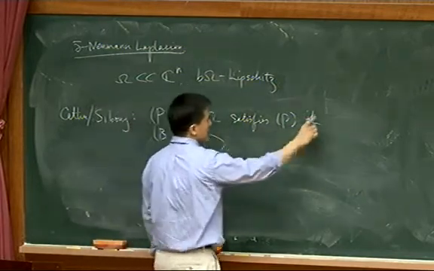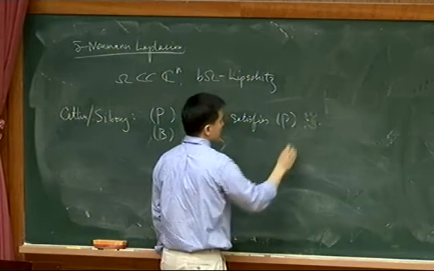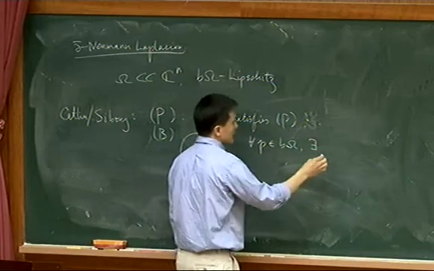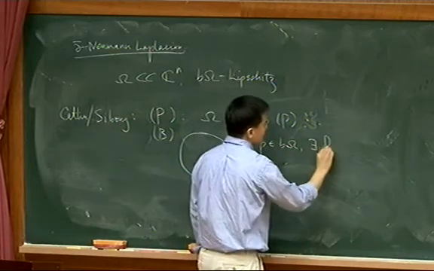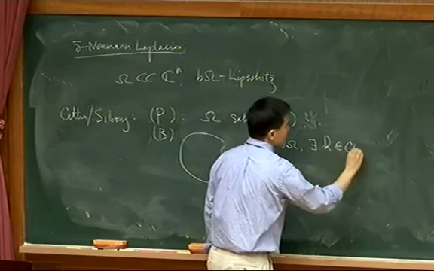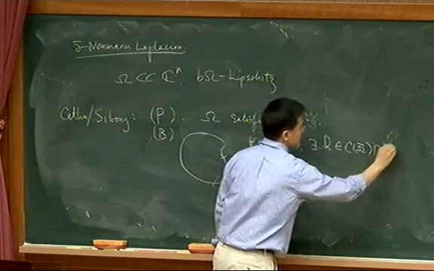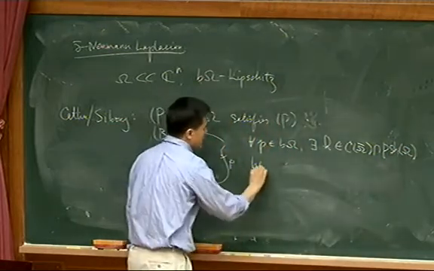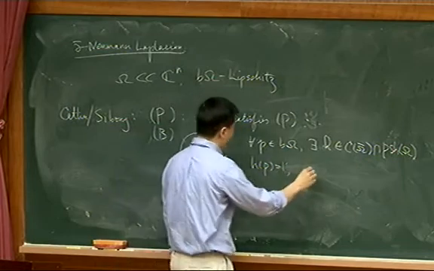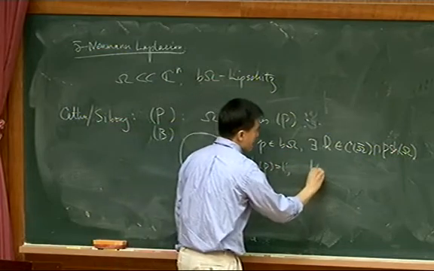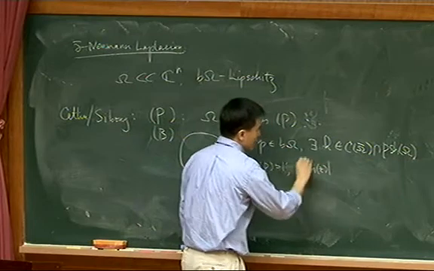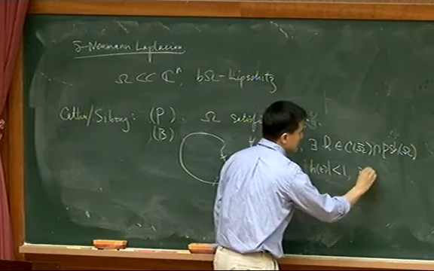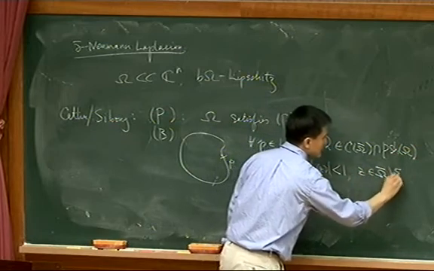That means that for any p on the boundary there is an h which is continuous up to the boundary and subharmonic inside, so that h at p is 1, but at other points has absolute value strictly less than 1, for any z in omega bar minus the point p.